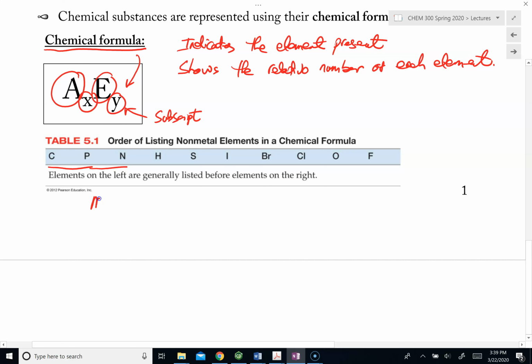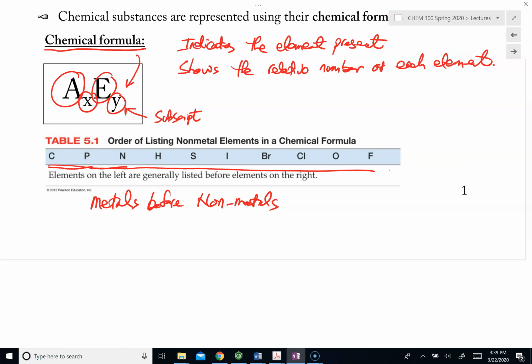Metals are listed first before nonmetals. And when we have different nonmetals, they are arranged following the order of electronegativity value, in which the less electronegative atoms are listed first. So that's how we list the different atoms when writing a chemical formula.